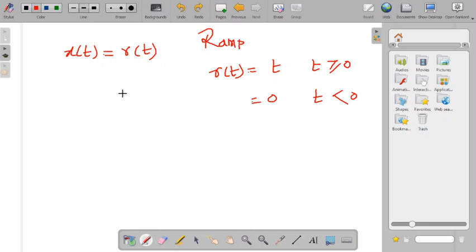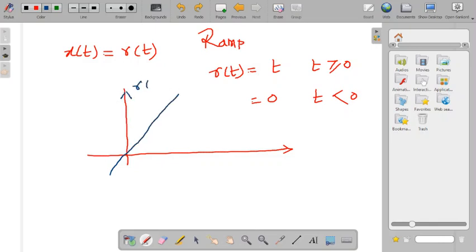It is shown something like this. It is a straight line passing through the origin. So the signal looks like this and it has unit slope. So this is r(t).